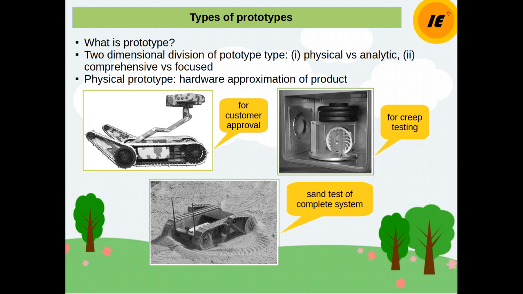Even for customer approval, maybe the importance is how it looks, or how it will perform the task. And for the sand test, maybe you don't need the software, you don't need the payload, etc.